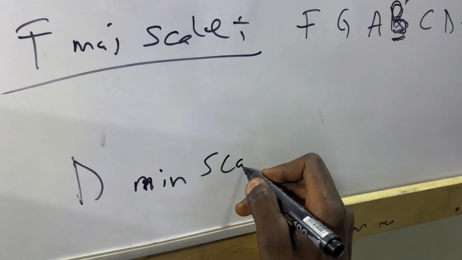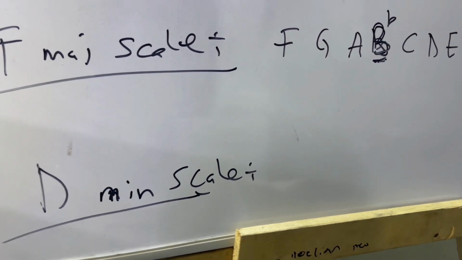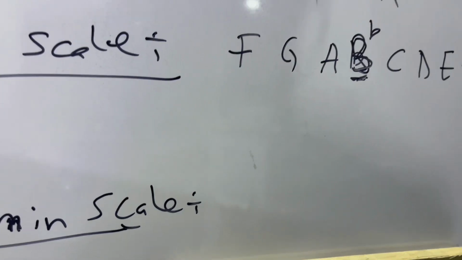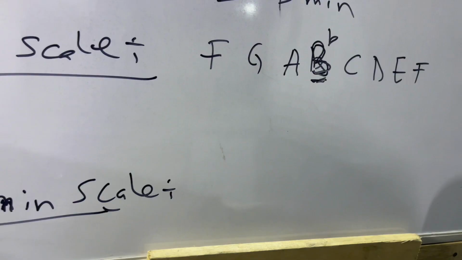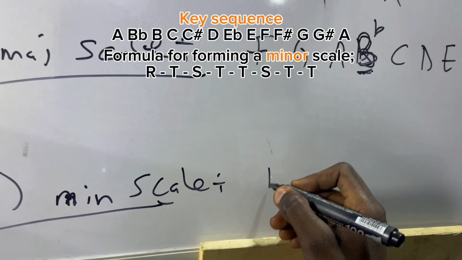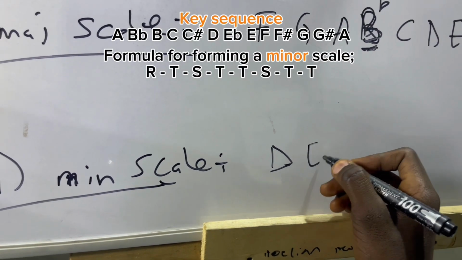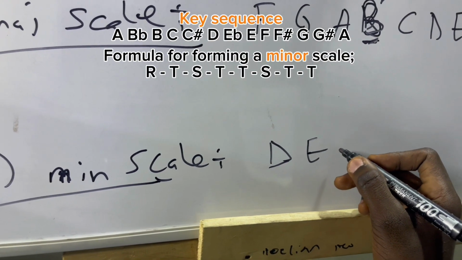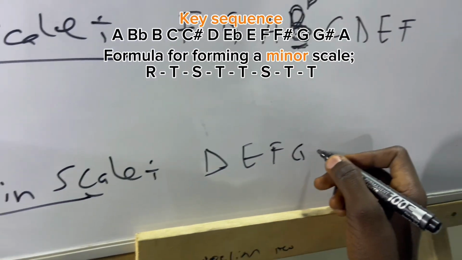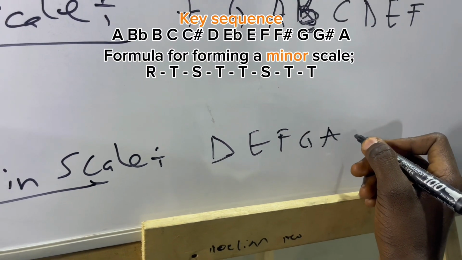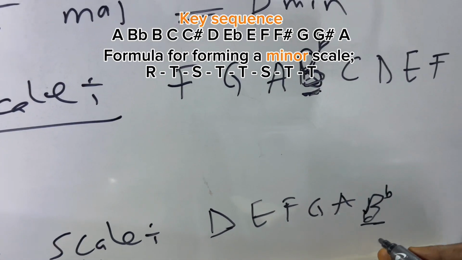You have to know these key scales by heart, how to form them; you can reference the shapes, which are the same, on the bass guitar. So you have D as the root note, tone is E, semitone F, tone G, another tone A, semitone B flat. So B flat, okay.